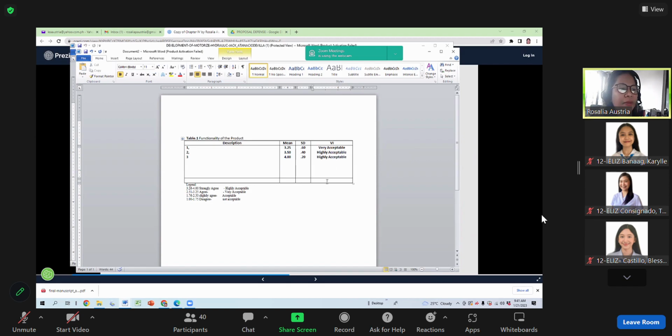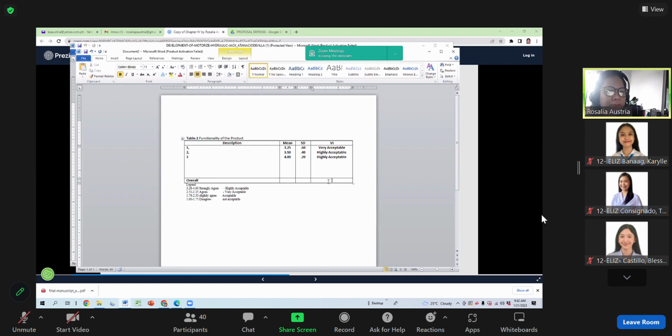So, ano dapat ang general? Ano ang general dyan? Interpretation. If you're gonna add this very plus highly, what is the answer? Divided by 3. What is the answer? If very is 1 and highly is 2 and you have to add them divided by 3, what is the result?